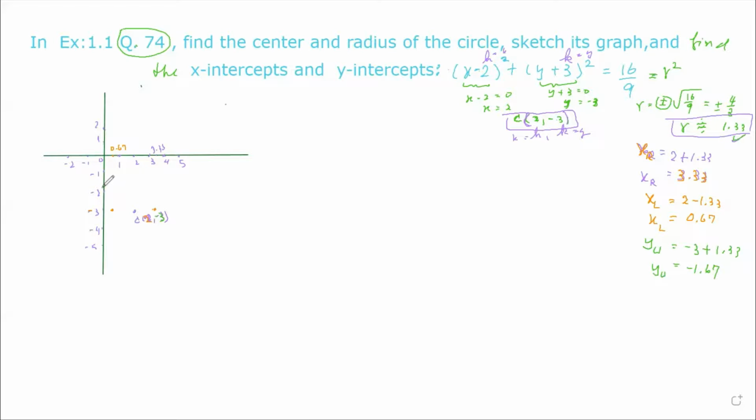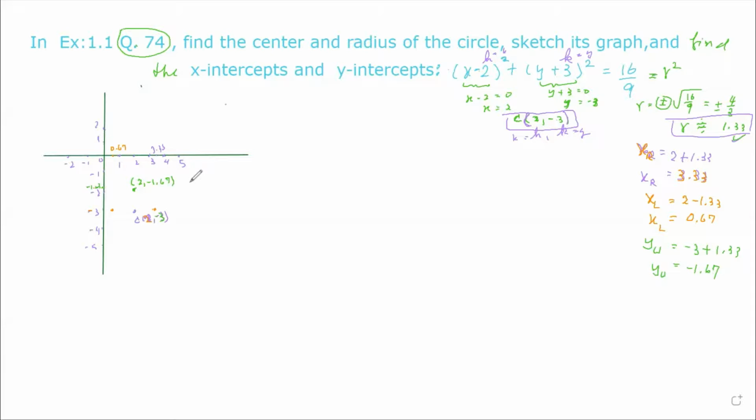So negative 1.67 is about here, and X here is equal to 2. So I write down this point, the coordinate is 2, -1.67.